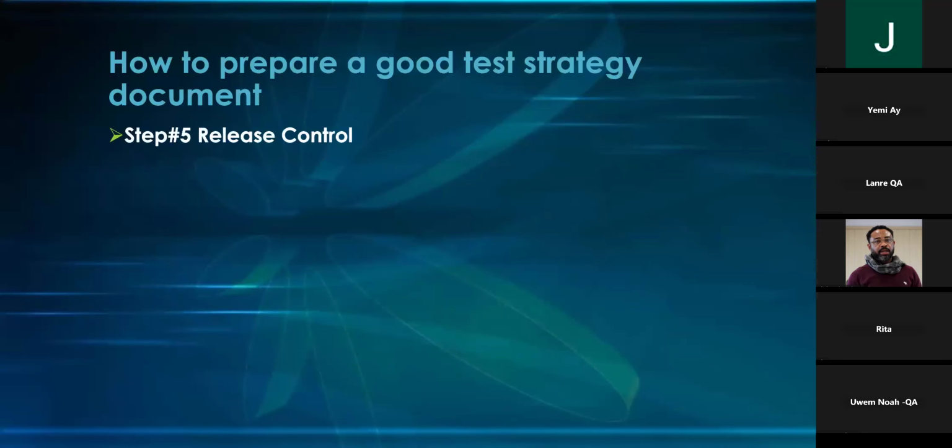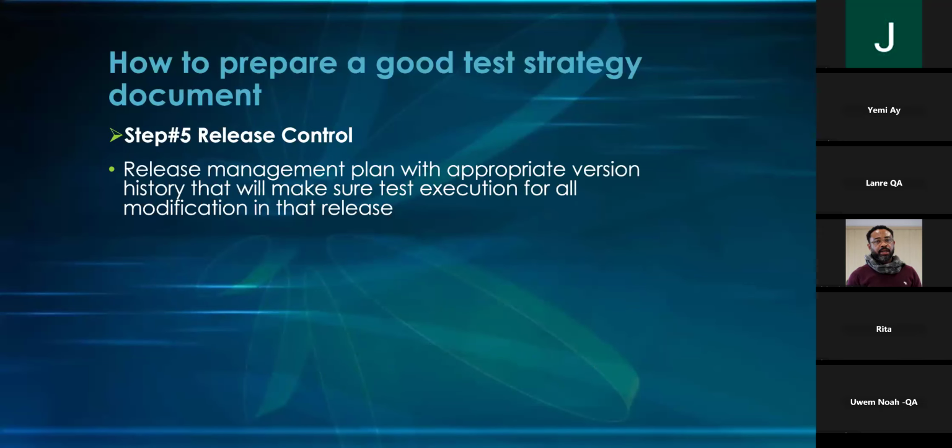So the continuation will be 5, release control. What is release control? We've been talking about various test environments, so we want to control just how the releases are done. So a release management plan with appropriate version history will make sure test execution for all modifications is in that release. I gave you an example when I was talking about exit and suspension, that I was testing and I got 30 to 50 bugs.